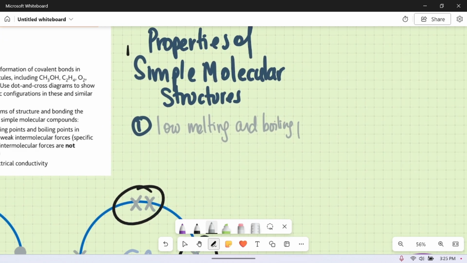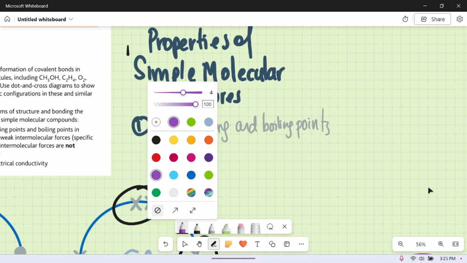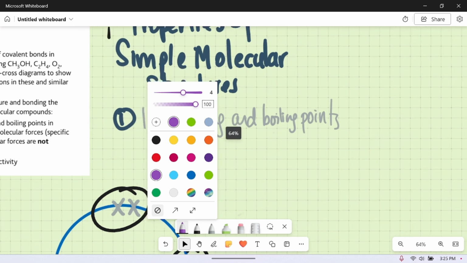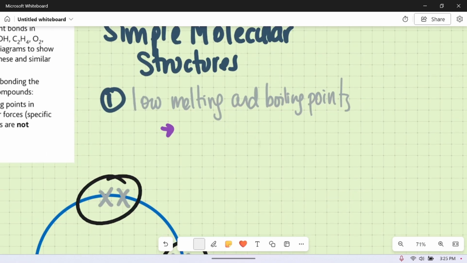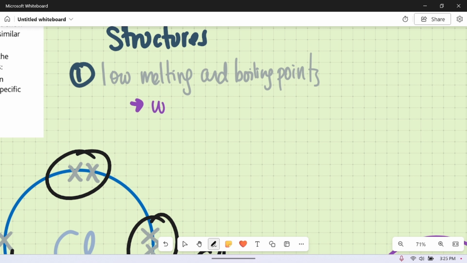Why do they have low melting and boiling points? This is because they have weak intermolecular bonds.